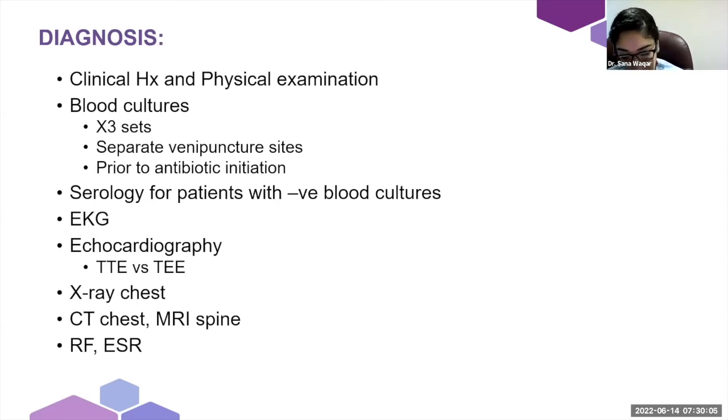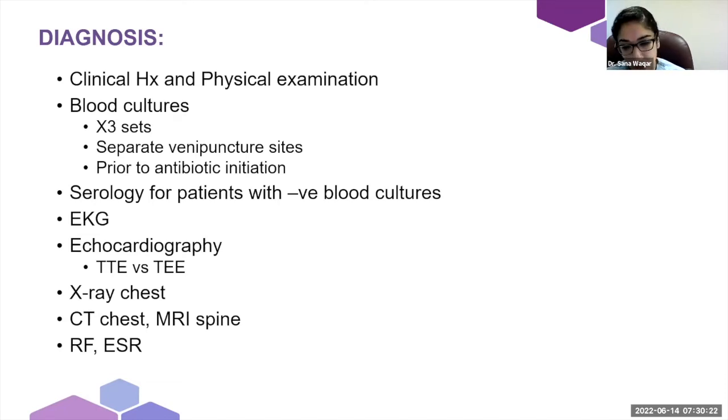So all these details are important to determine if your patient has a high pre-test probability of having endocarditis.